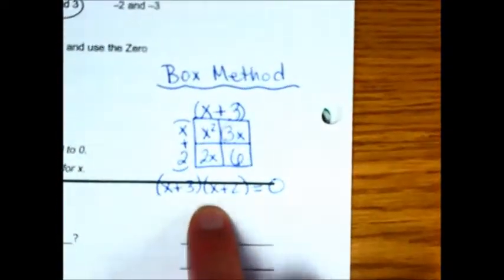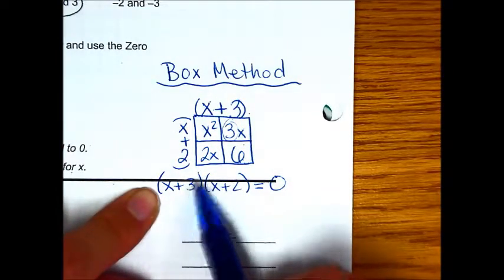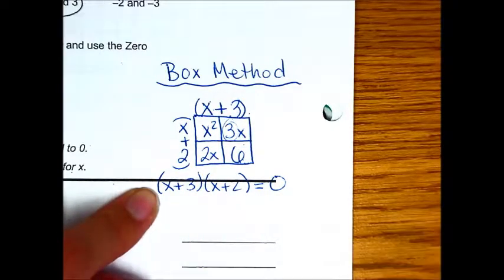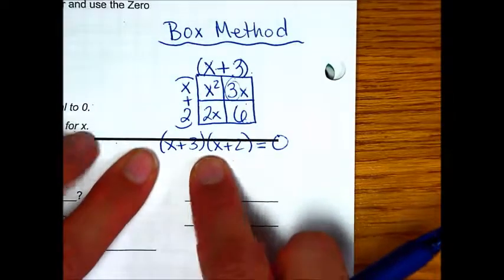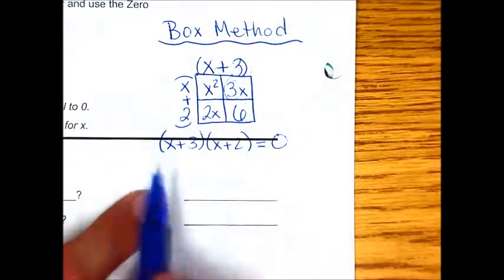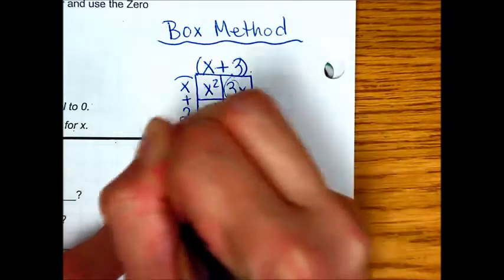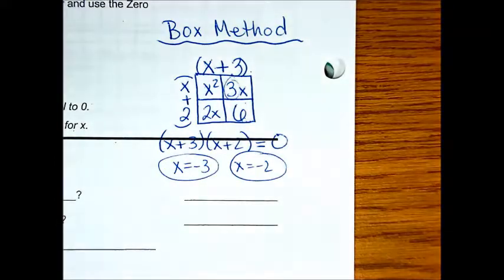If you FOIL this, x times x is x squared plus 2x plus 3x plus 6, and you would come right back to the equation you just had. They're the same thing, just in a different format, because now that you have this in factored form, it's super easy to solve. What are the two answers? The two answers are x equals -3 and x equals -2, just like we learned in previous lessons.